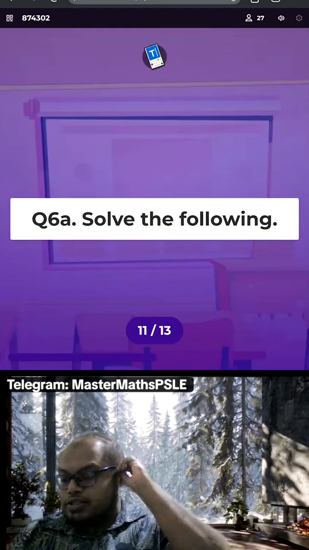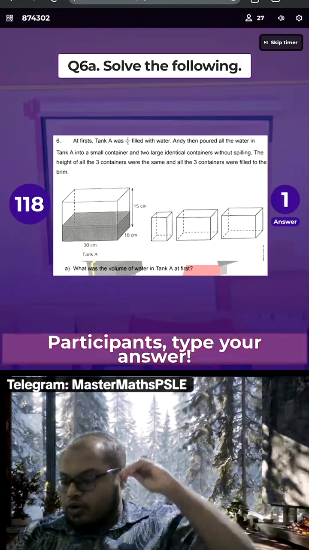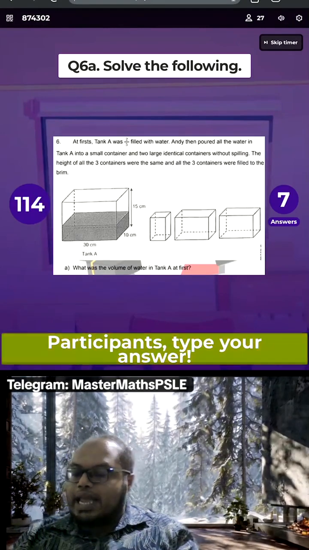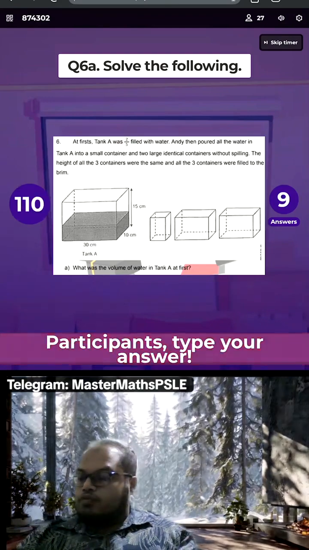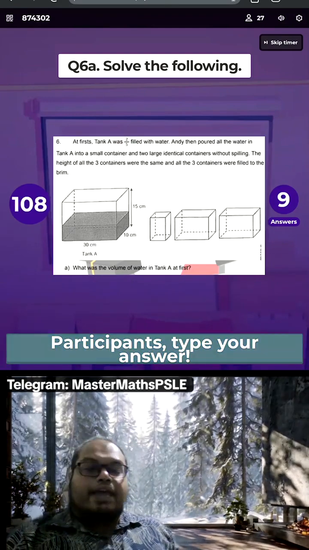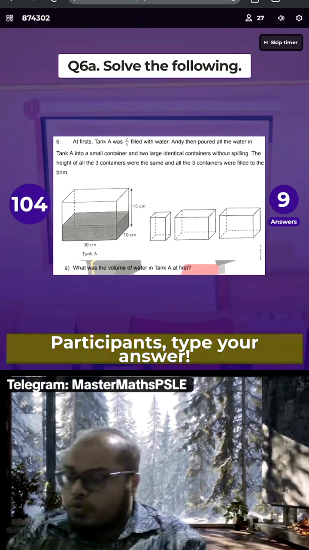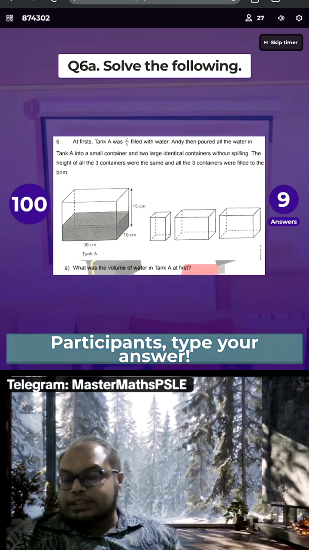Last question here is a volume question. They're asking what was the volume of water in tank A at first. What was the volume of water in tank A at first? So they say that tank A was 2/5 filled with water.